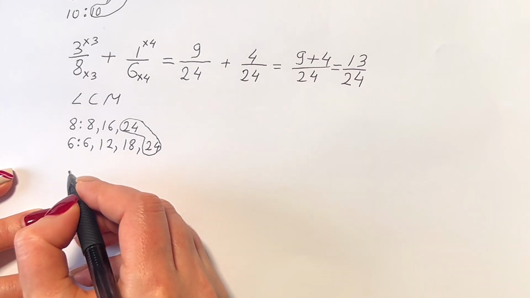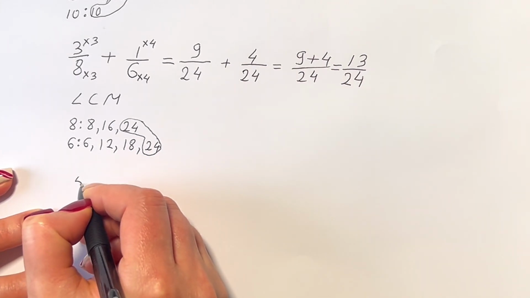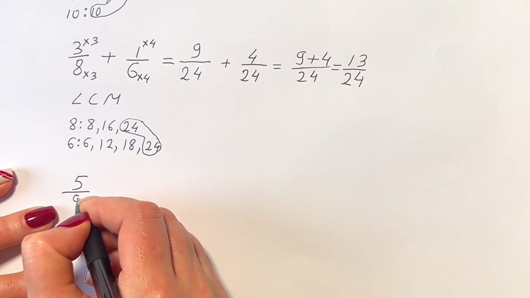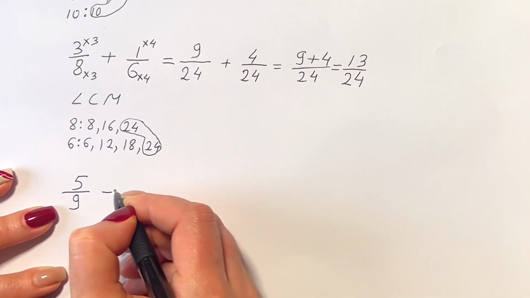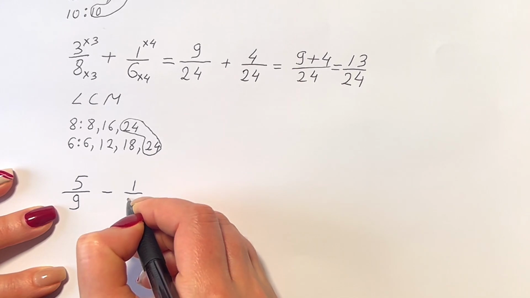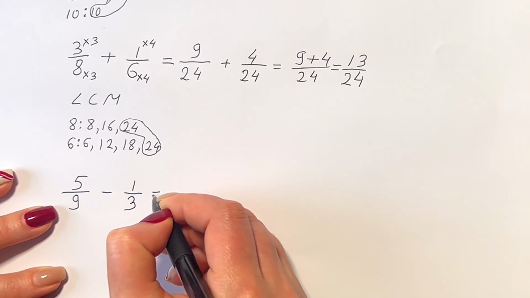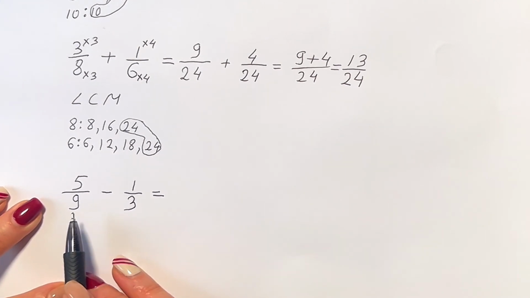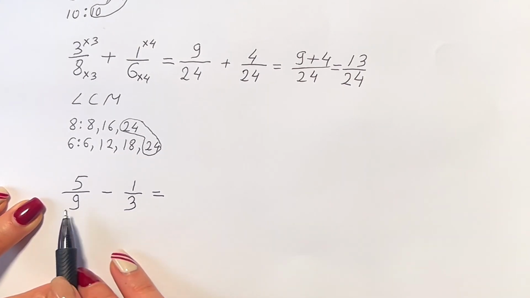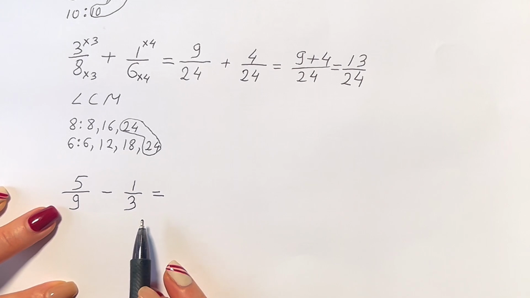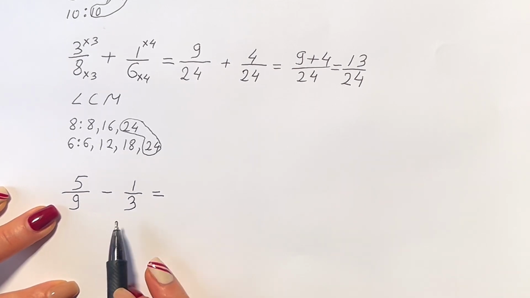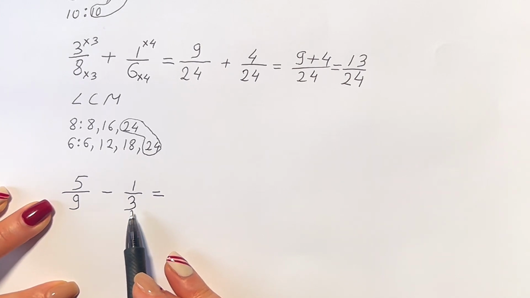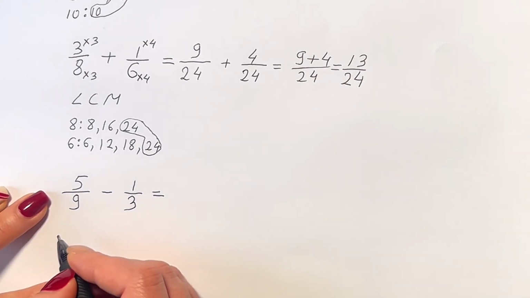Okay, now let's do another example with subtraction. For example, I have 5 over 9 minus 1 over 3. The least common multiple of these two denominators is obvious, of course. It's 9. 9 is divisible by 9, and 9 is divisible by 3. So I'm not going to write it down.